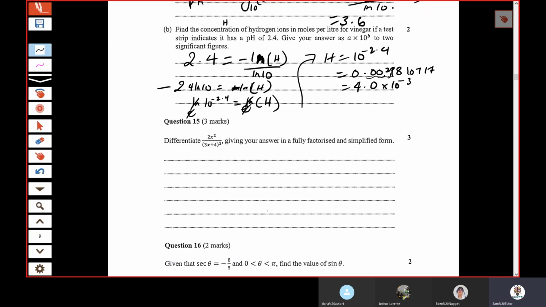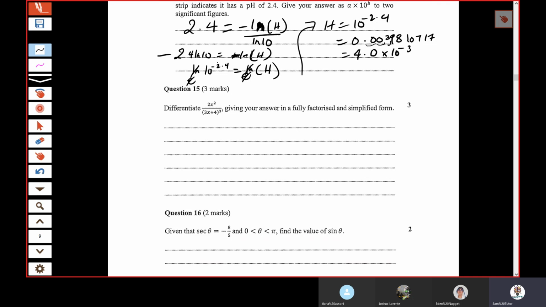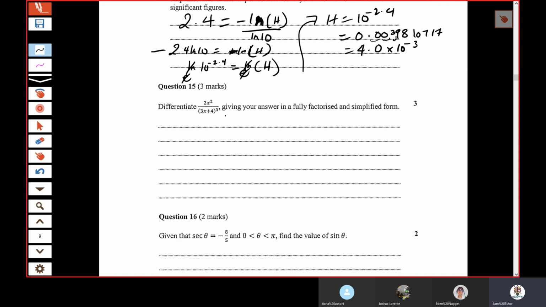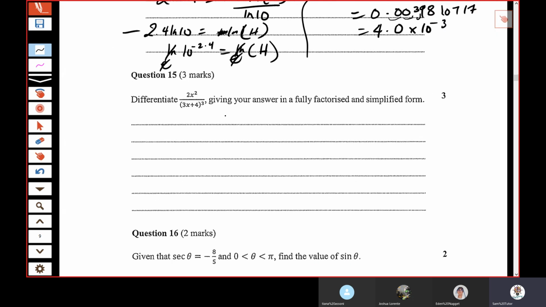Differentiate. What do we use? One of the rules. Quotient. When you're going to differentiate the bottom, what must you also use? Chain.